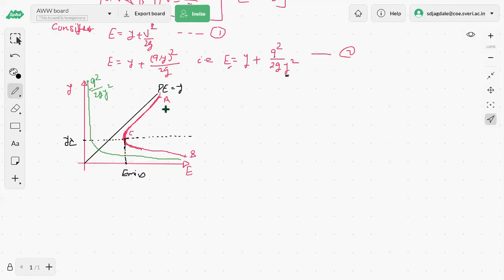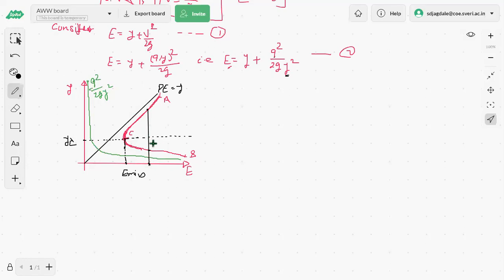Now from this particular curve, consider any 2 points over that. Suppose that somewhere else here I consider one of the points, then the associated point with this will have the same specific energy on the lower limb of the curve. On the same curve we have 2 points for the same specific energy.